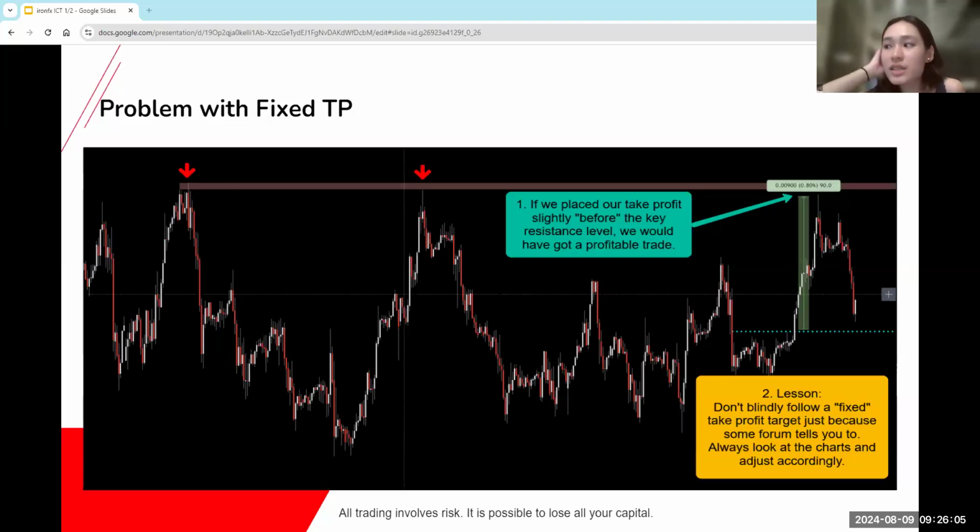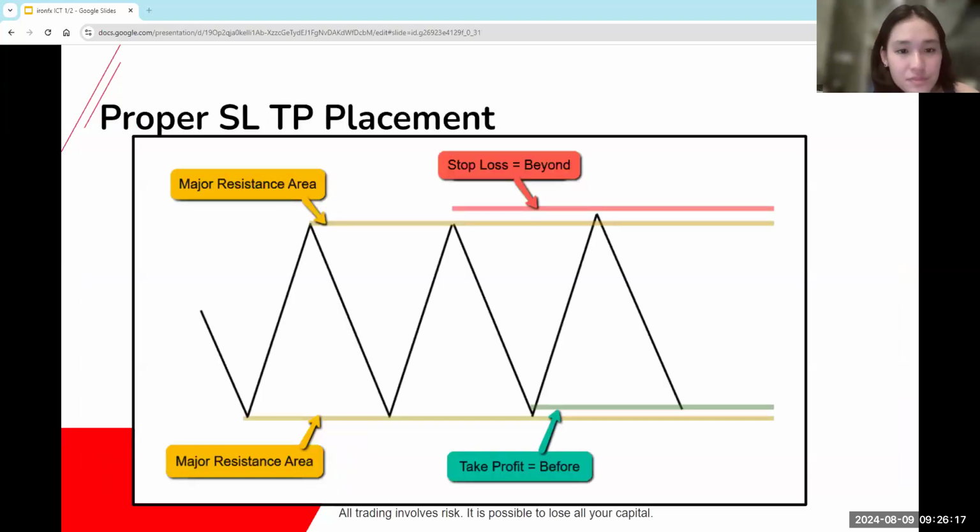Okay, so lesson here again is don't blindly follow a fixed take profit target just because some forum tells you to. Always look at the charts and adjust accordingly. So the proper stop loss and take profit placement to ensure that you maximize your wins and minimize your losses looks something like this.